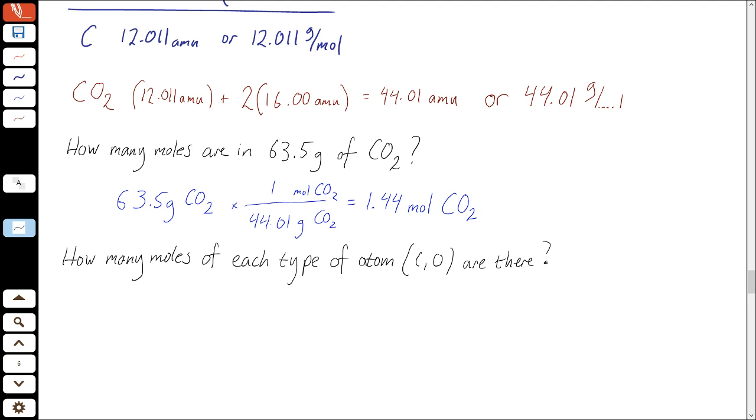If we've got 1.44 moles of carbon dioxide, how many moles of carbon atoms do we have? Can you tell from the formula? Remember that a mole is a count. Yeah?